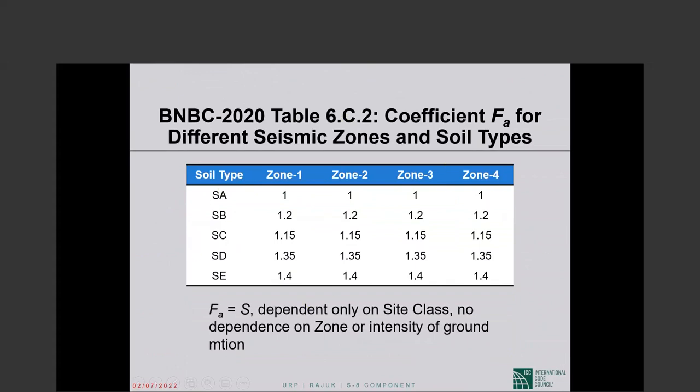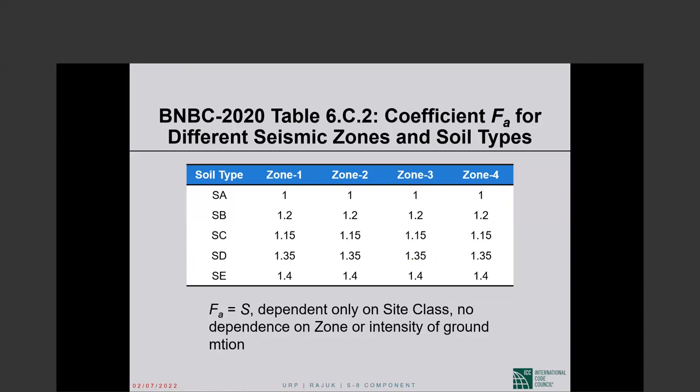Some things are kind of interesting here. The values depend only on the site class, not on the intensity of ground motion. For all four zones, we have the same values: 1, 1.21, and 1.15, 1.35, 1.4.